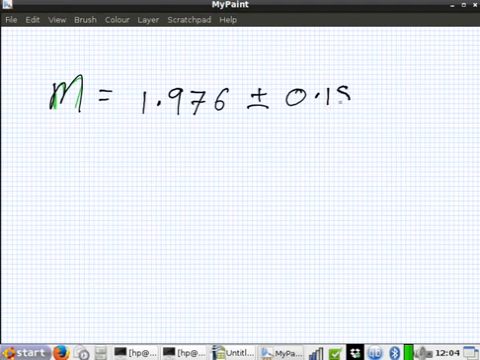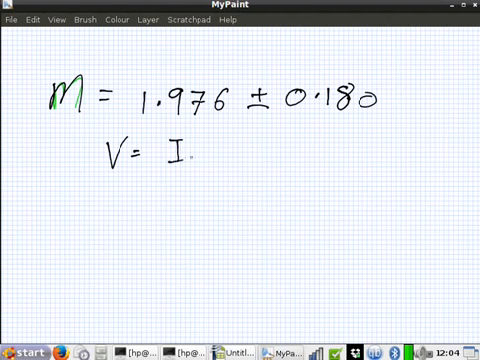Well, give me 3 decimal places. 0.1796. Yeah? So this is good. We now have a calculation for the slope, and we have an uncertainty for our estimation of the slope.